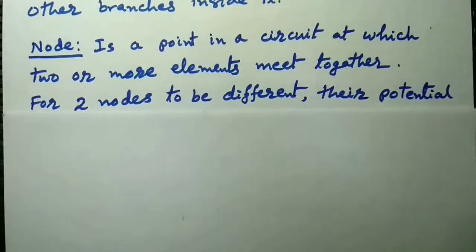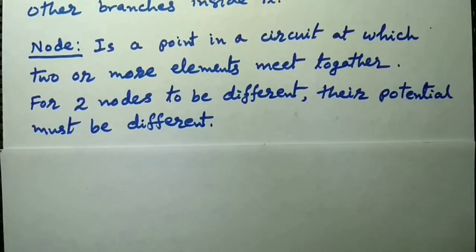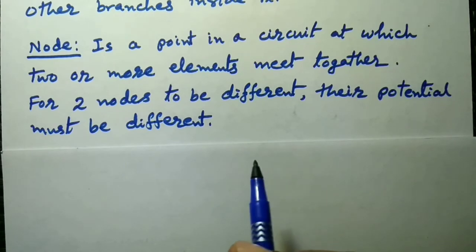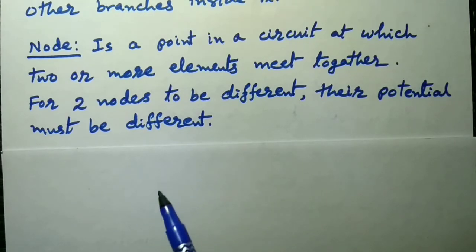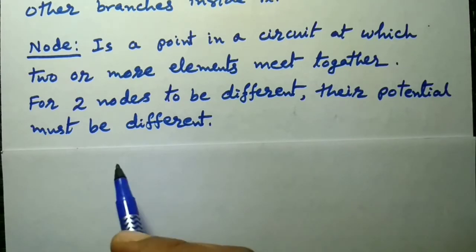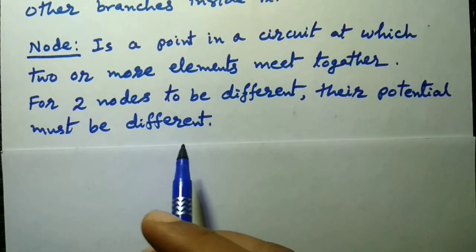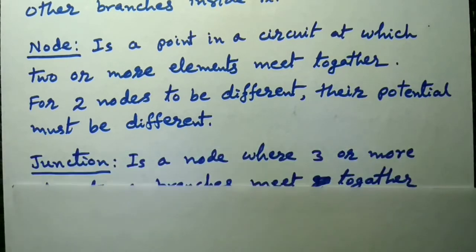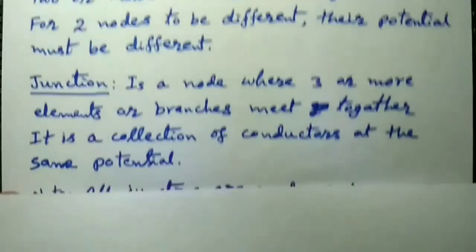The next definition is called the node. Node is a point in a circuit at which two or more elements meet together. For two nodes to be different, their potential must also be different. The next definition is called the junction.